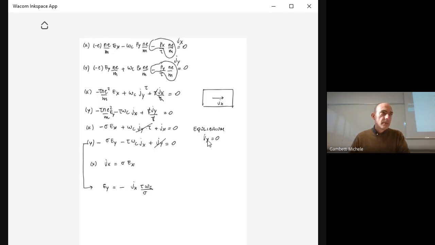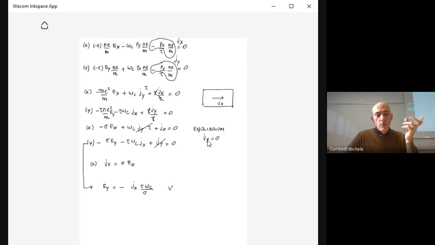Now, sigma is positive, omega c is positive, Jx is positive. So at this point, Ey is negative. So that is fine. That confirms the fact that, as observed by the experiment, the orientation of the electric field that sets in the vertical direction is negative.